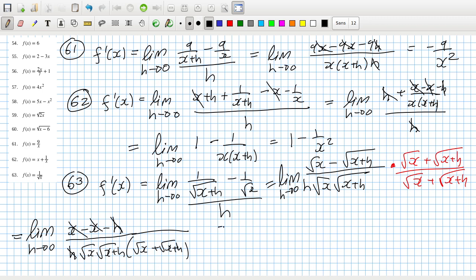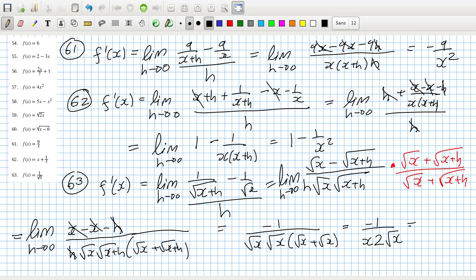And so when h goes to 0, I'd be left with minus 1 over root x plus root x. So that would be minus 1 over x times 2 root x.